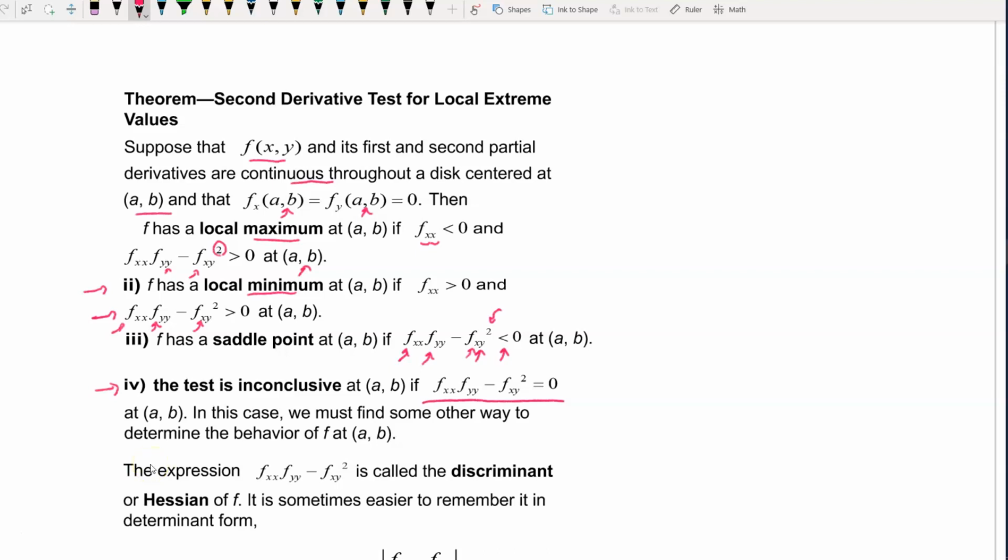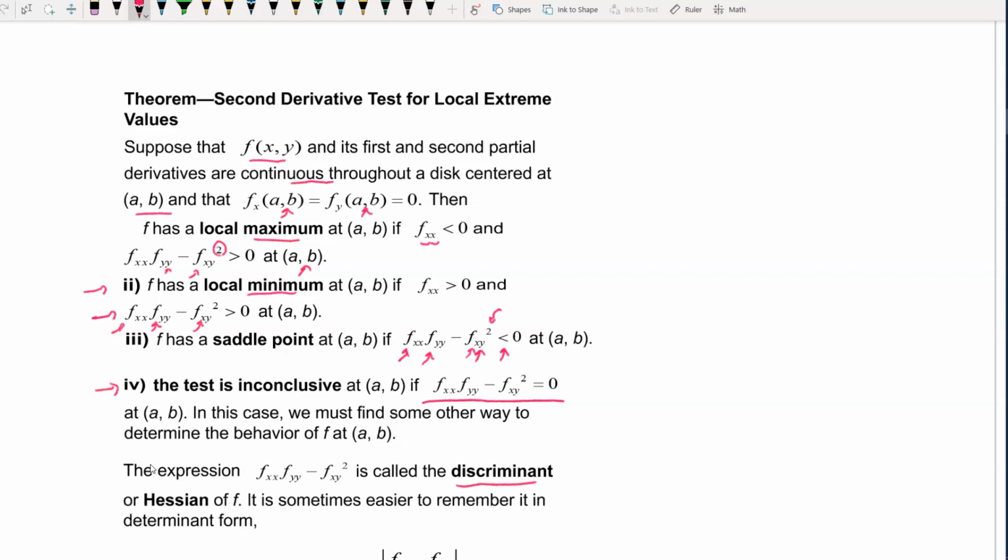The expression f_xx times f_yy minus f_xy squared is called the discriminant or Hessian of f.